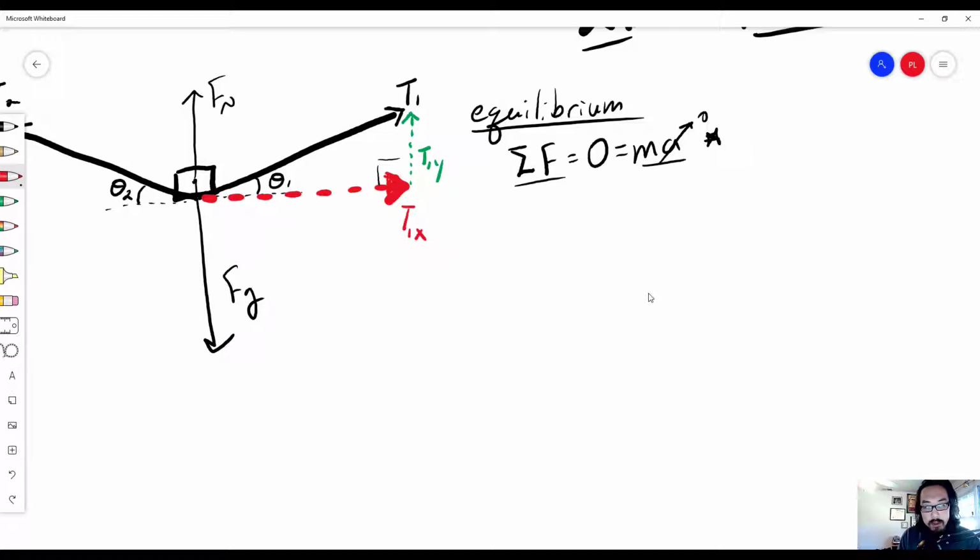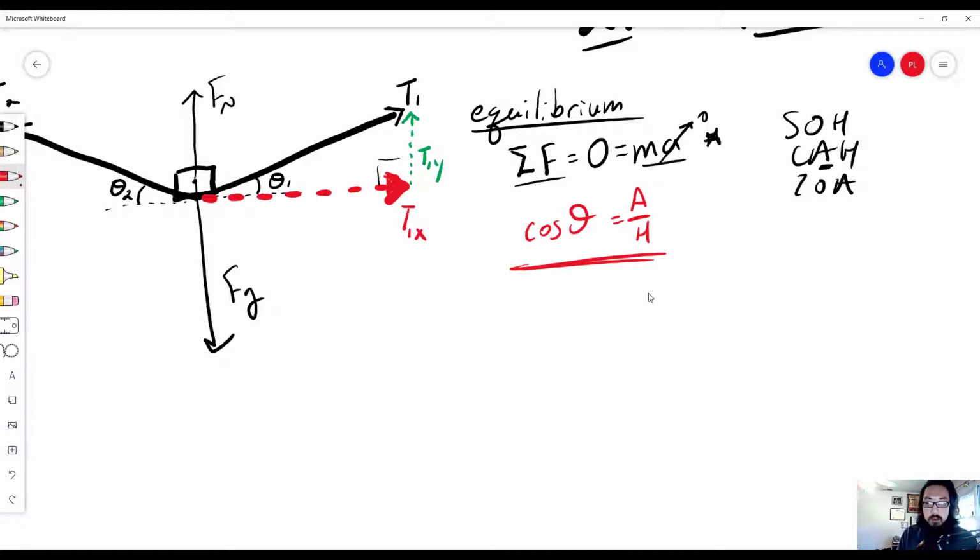According to this angle theta, T1x is adjacent to this angle. So if we bring up our trig functions, SOH CAH TOA, when it's adjacent, we use the cosine. So we can say that the cosine of the angle is equal to the adjacent over the hypotenuse. Okay, so that's what the trig cosine looks like.